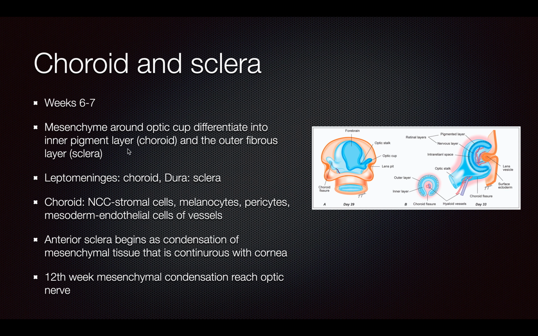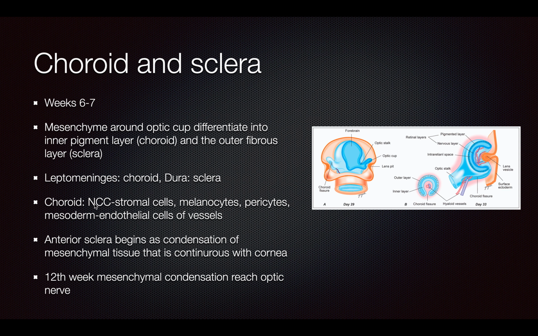The choroid and the sclera will form in weeks 6 to 7. The mesenchyme around the optic cup will differentiate into 2 layers: the inner pigment layer, which is the choroid, and the outer fibrous layer, which is the sclera. The leptomeninges, remember in the spinal cord was the pia and the arachnoid. In the eye, it's the choroid and the dura, which will make the sclera.